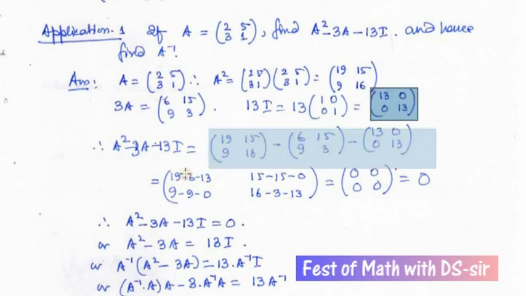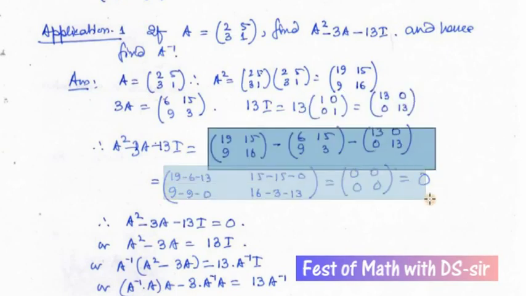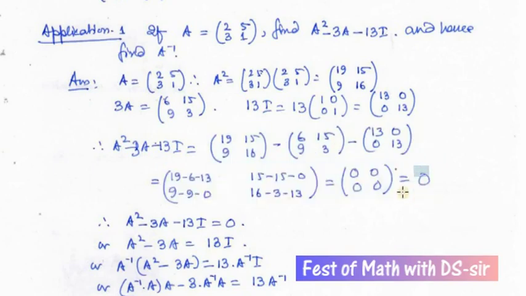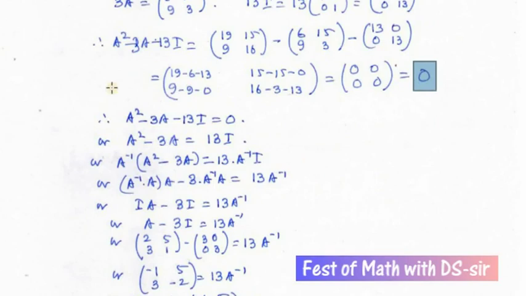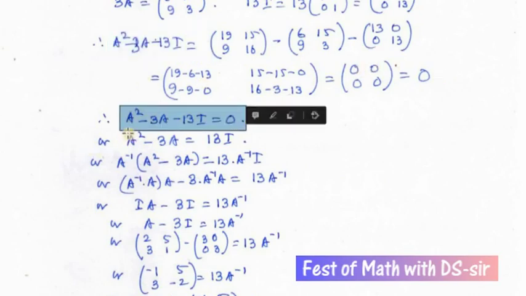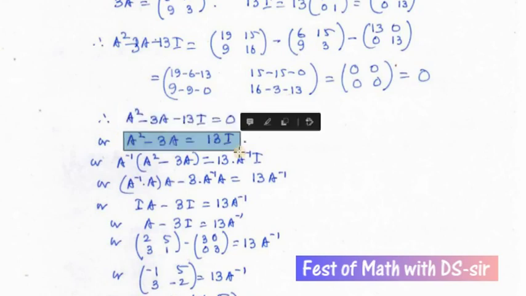I substituted the values and added, and that gives you a 0 matrix. So its value is 0.